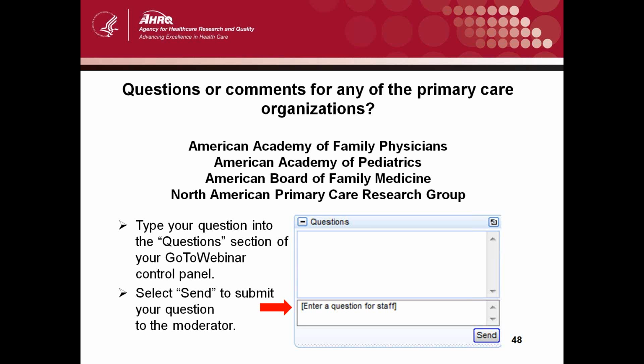AHRQ's safety portfolio, we've done some work within our team around patient portals and promoting preventive care and demonstrated increased delivery of recommended services. And that's actually on the AHRQ Innovation Center, which is another good resource, or the Innovation Exchange, to find out things that are going on around this.